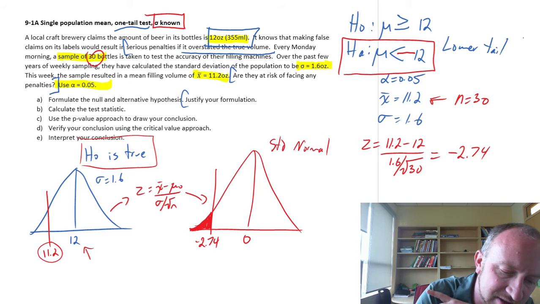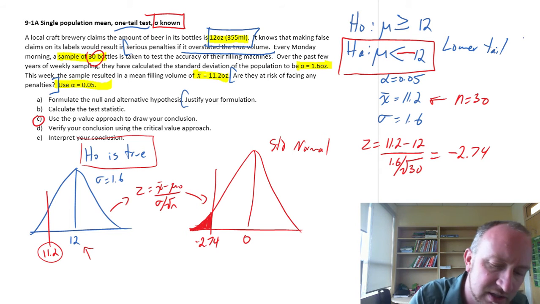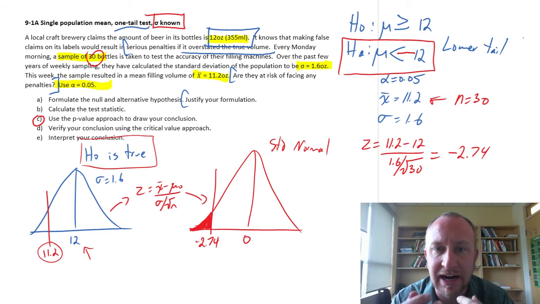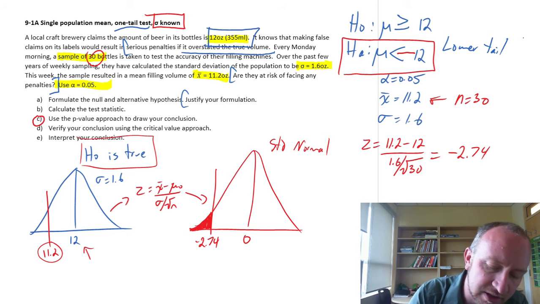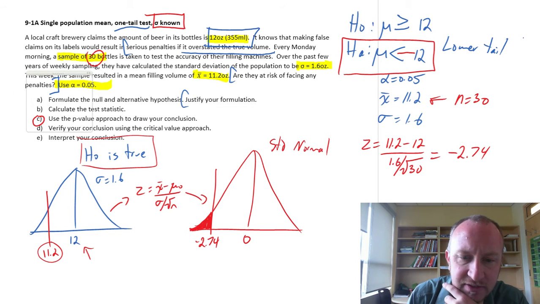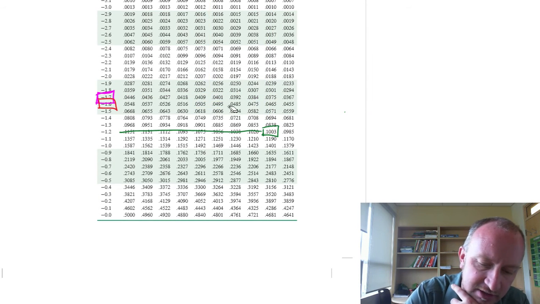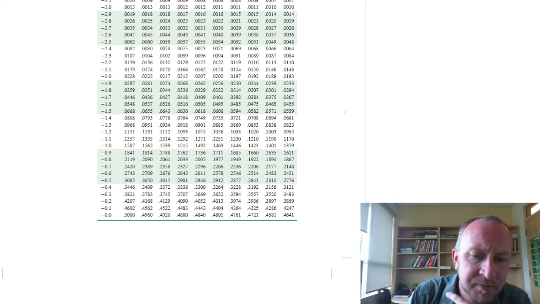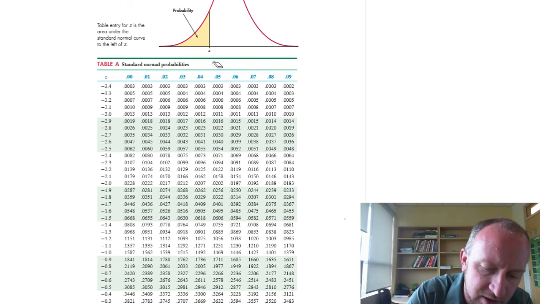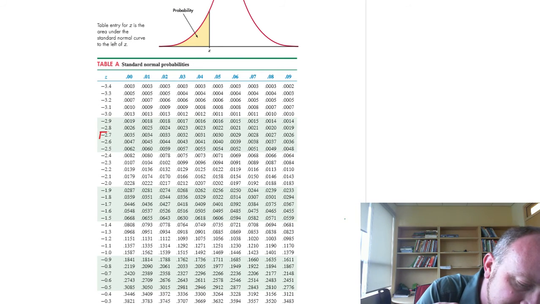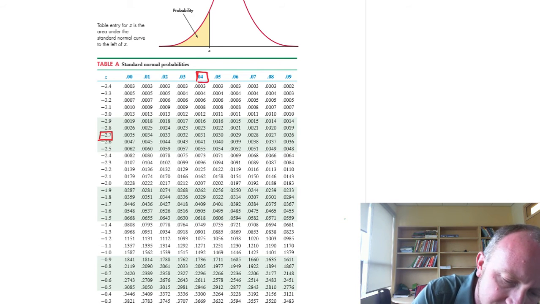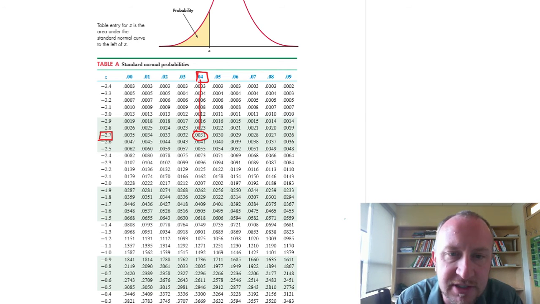Okay, this is what we're working on now as part C. Use the p-value approach to draw our conclusion. I've got my test statistic, negative 2.74. Here's my messy z distribution with some other nonsense on it from another problem. If I look for negative 2.74, where those two meet, I have right here that probability, 0.0031.